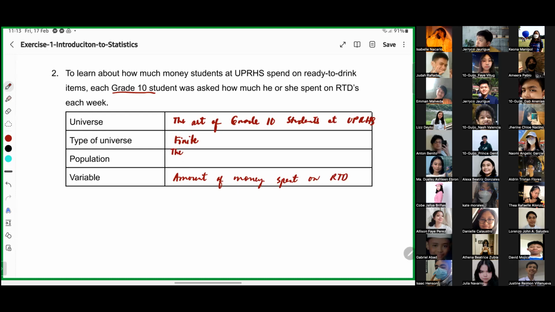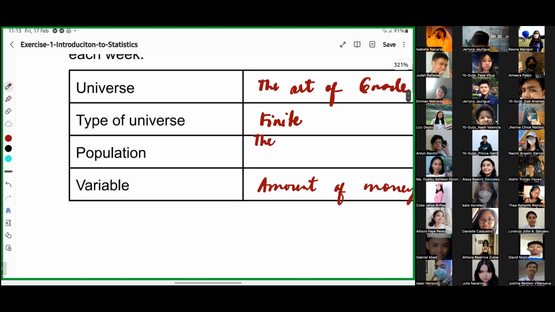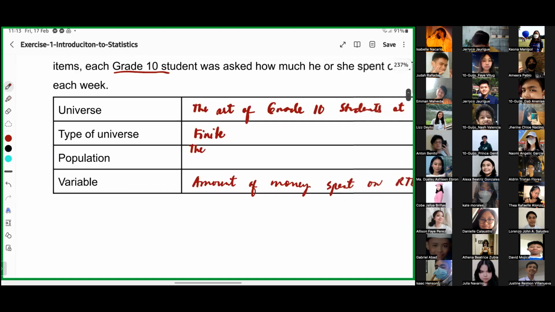Alright, so ano yung population natin? Sir, ano po yung second word sa universe? Population, di ba?